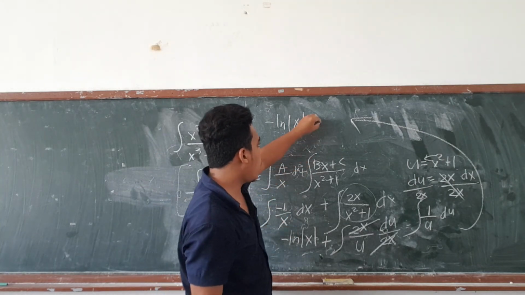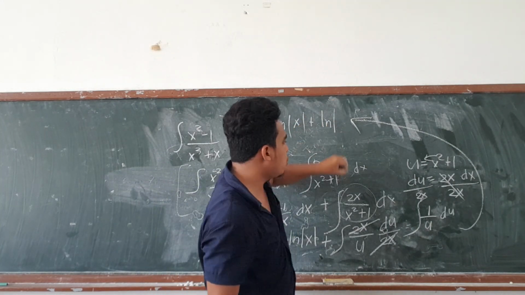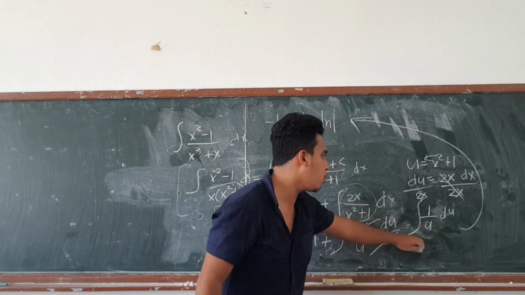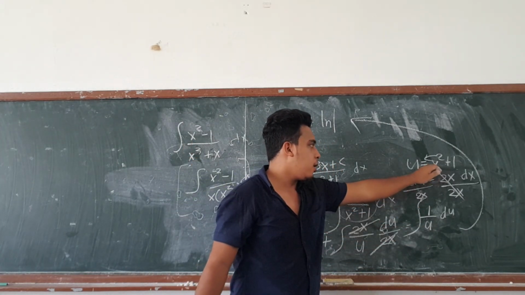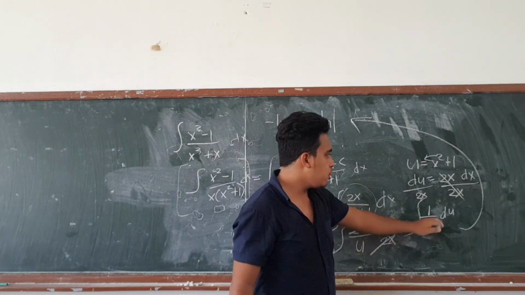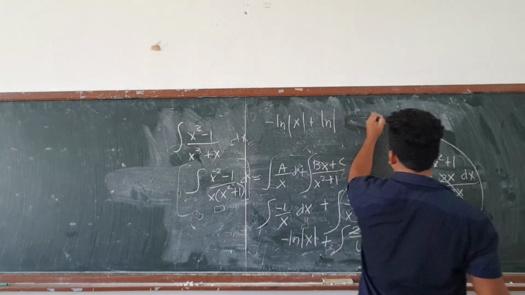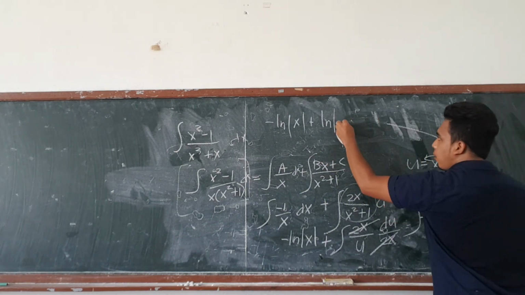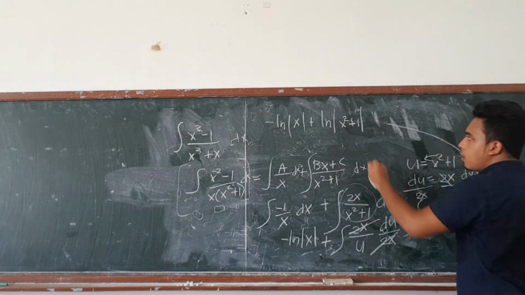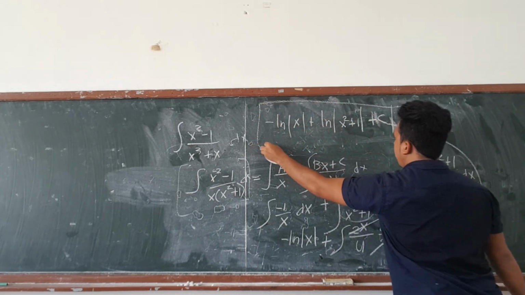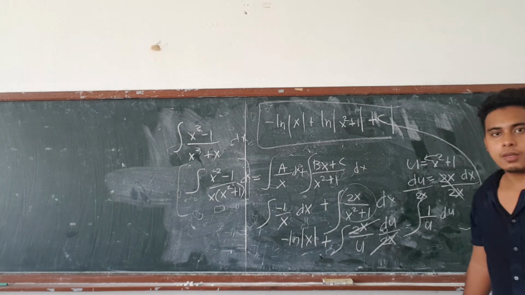Now, so ln the absolute value of our u. Kung saan na the absolute value of our u, tawag na, u is equal to x squared plus 1. So the absolute value of x squared plus 1 plus c. And that's the answer of our integration.